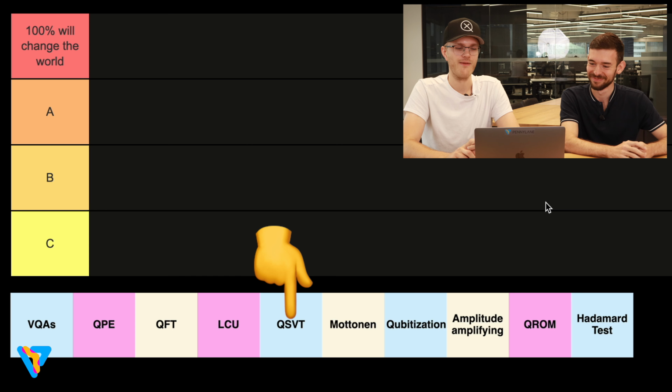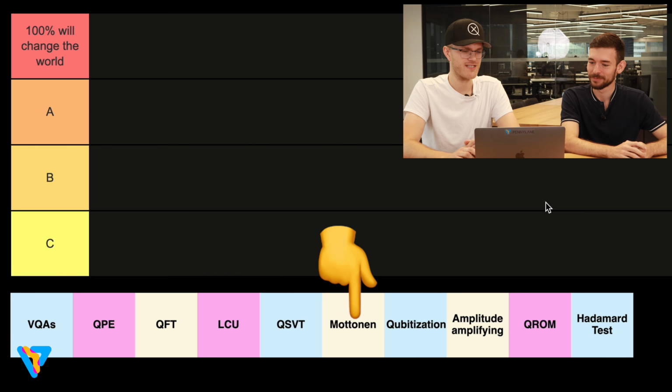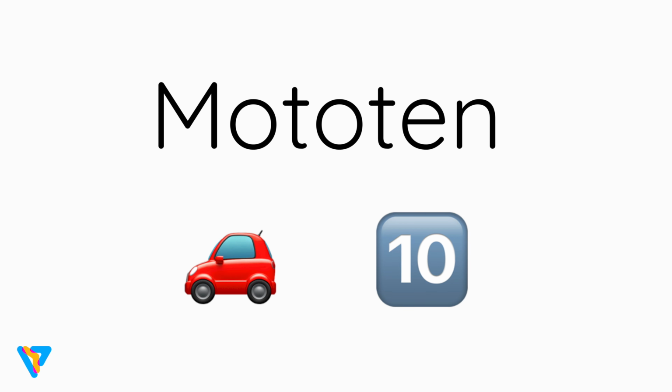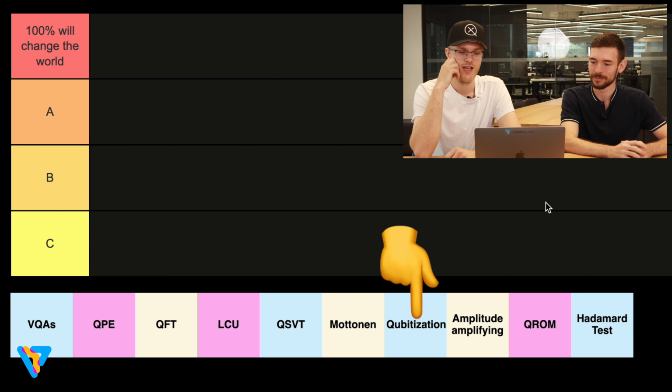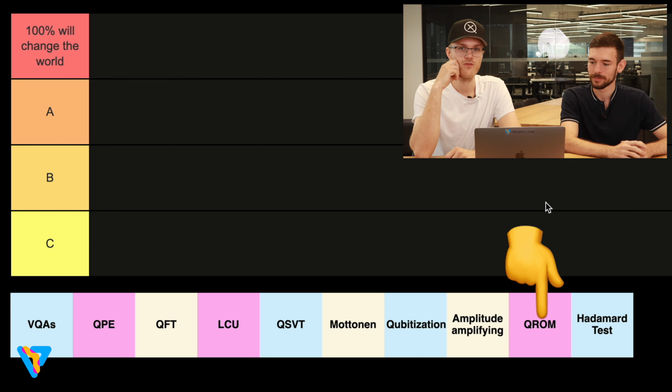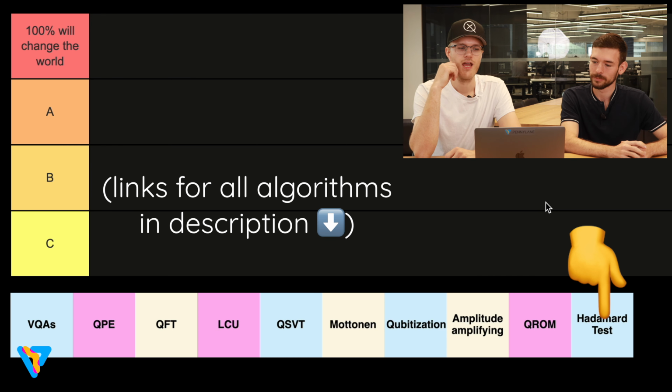How do you pronounce it? Is it Mottonen? It's not correct. Okay, so Mottonen. Excuse me if I'm butchering your name. This is somebody's name. It's a state preparation routine. Qubitization, amplitude amplification, QROM, and the Hadamard test.